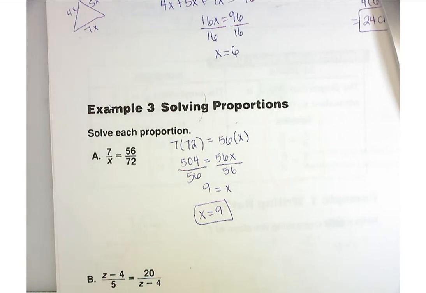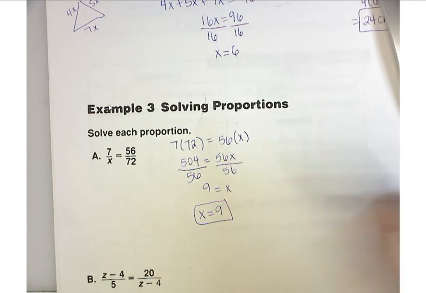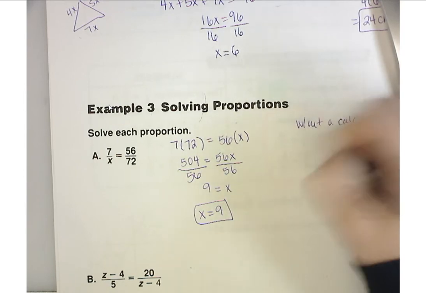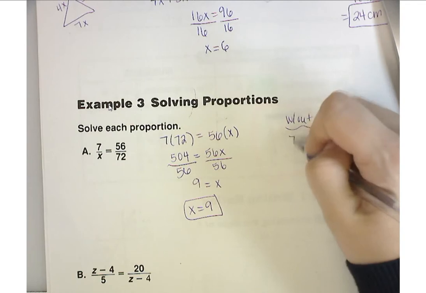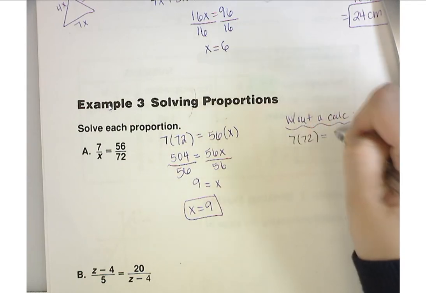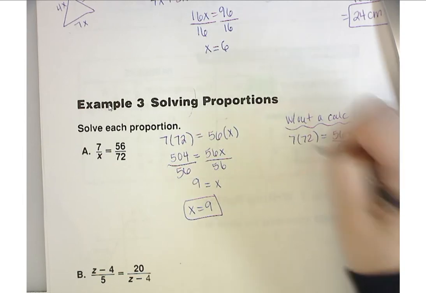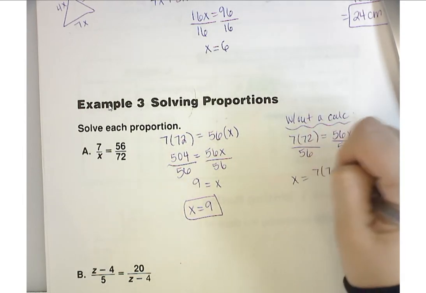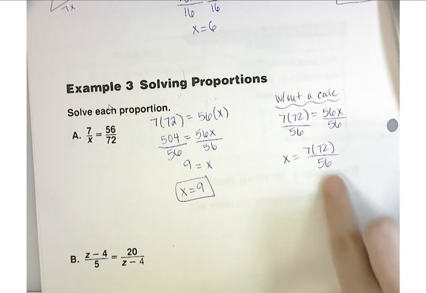Okay, so I'm going to show you how you can do it without it. If you're solving this for x without a calculator, you can think of this as 7 times 72 equals 56x, and we would divide both sides by 56. So x would be 7 times 72 divided by 56. Now, do we know that 7 goes into 56?